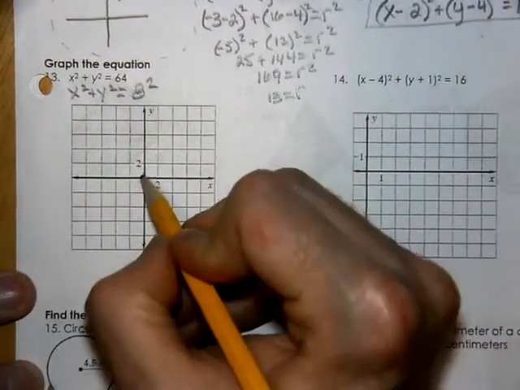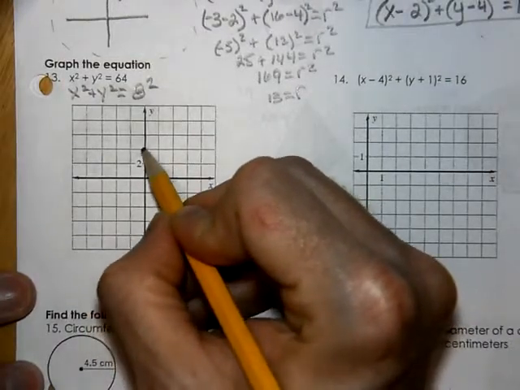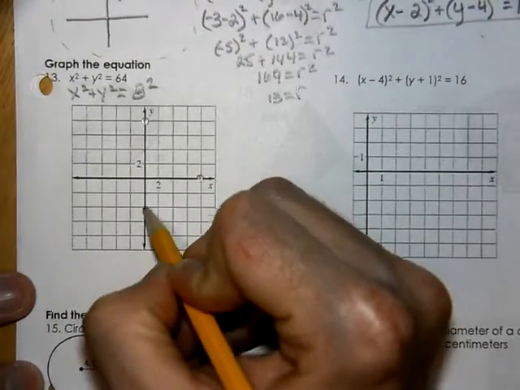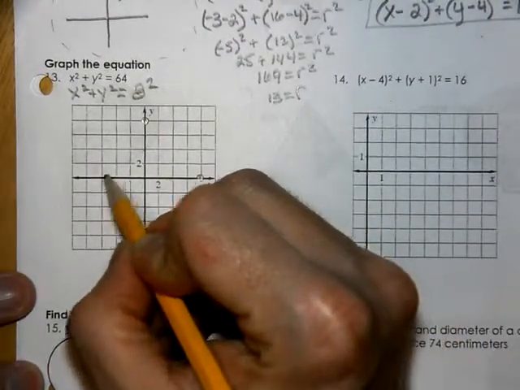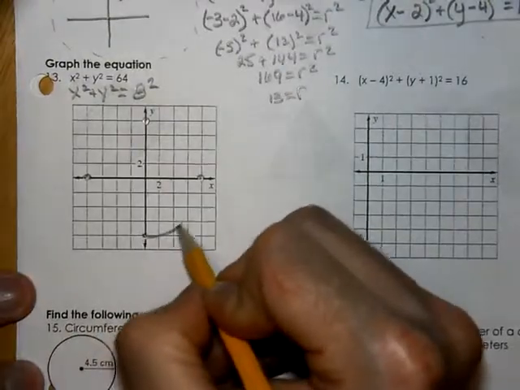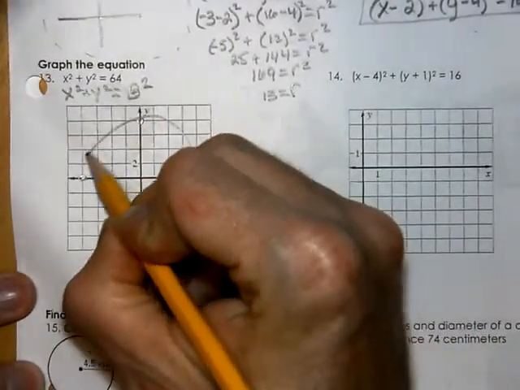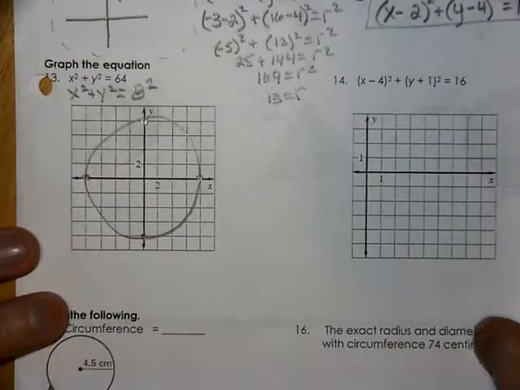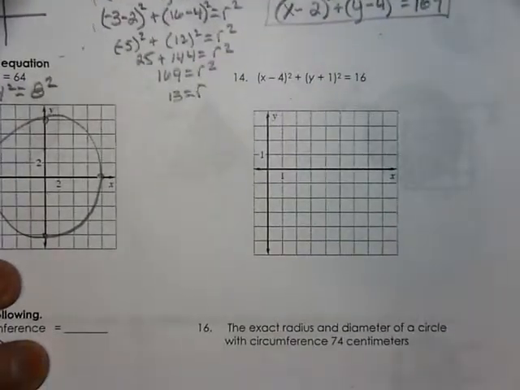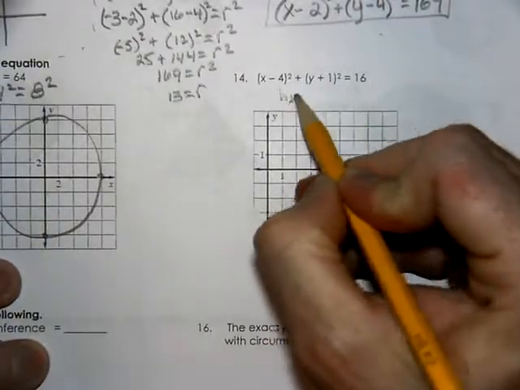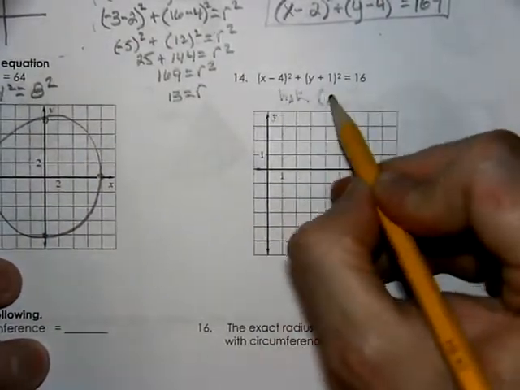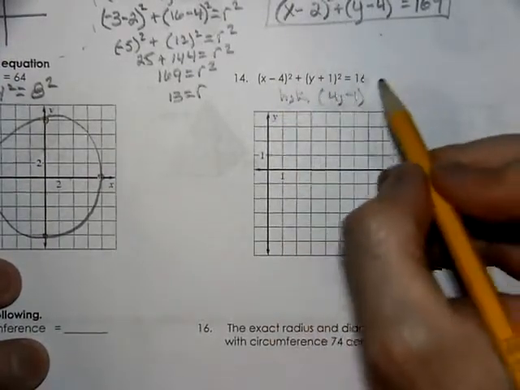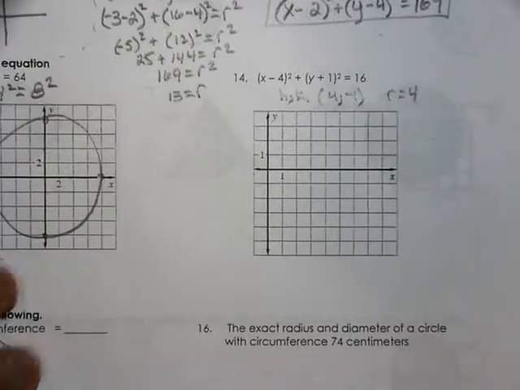The center is at 0, 0. 2, 4, 6, 8. Here we have an h, k that is 4, -1. Remember the sign changes. And the radius is 4.